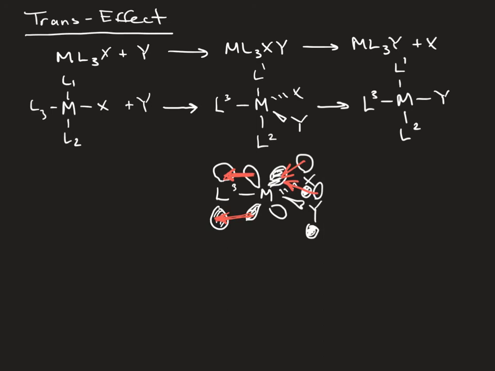So upon doing the Berry pseudo-rotation, this X ligand will be trans to L3, or the Y ligand will be trans to L3. So you can go back this way and just regenerate the starting material, or go this way and form product. In both cases, you're going to be positioning that ligand trans to L3 because of this pi directing effect. This can be used in the production of specific isomers of metal salts.